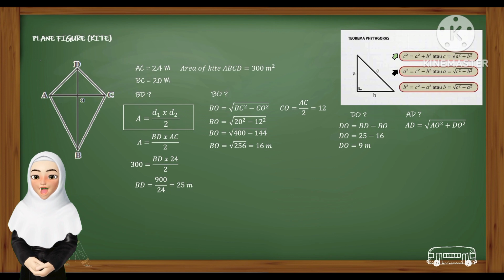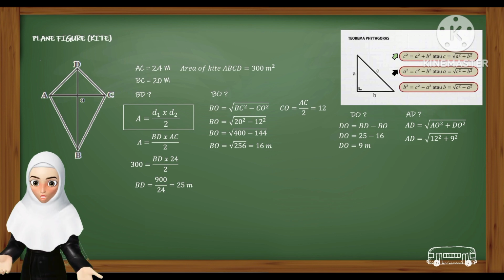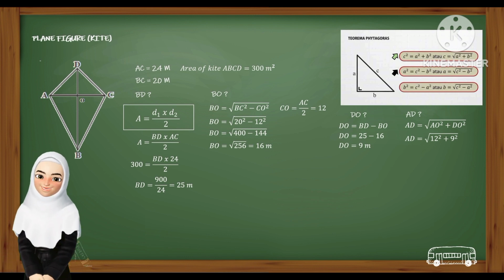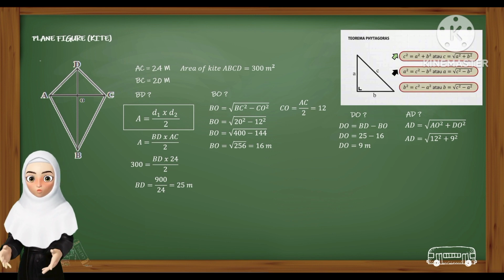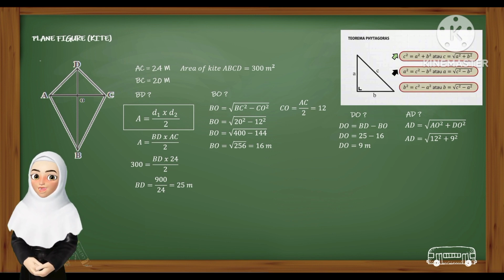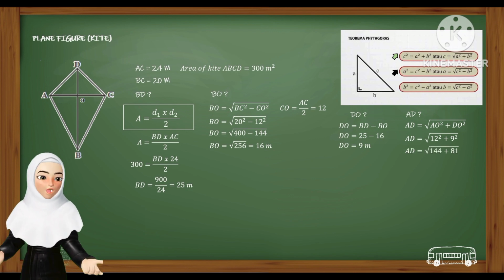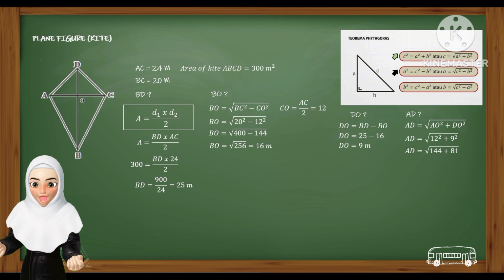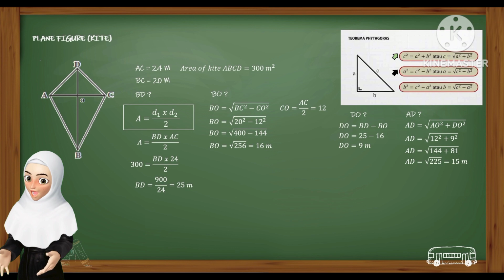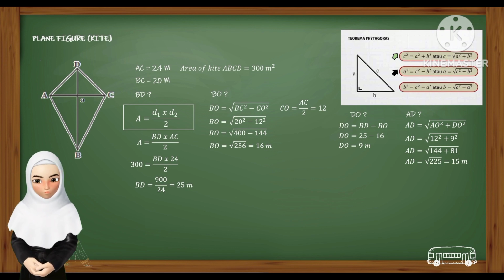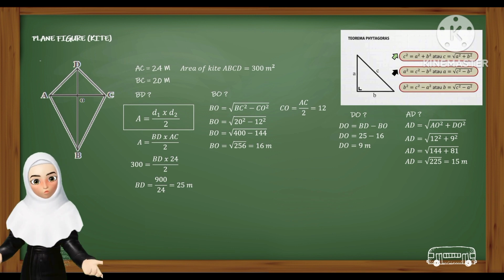The length of side AO is half the length of side AC, which is equal to 12, and the length of side DO is 9 meters. So, the length of side AD is equal to the square root of 144 plus 81, which is equal to the square root of 225. So we've got the length of side AD at 15 meters.